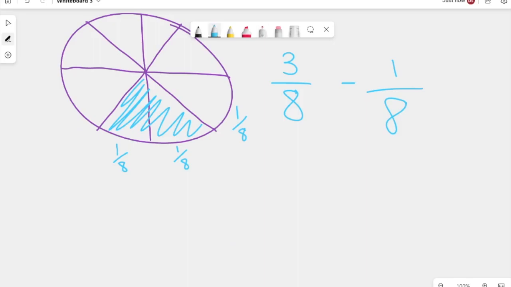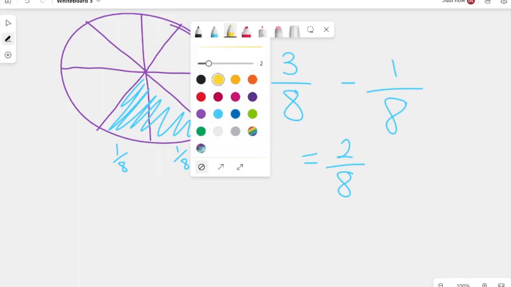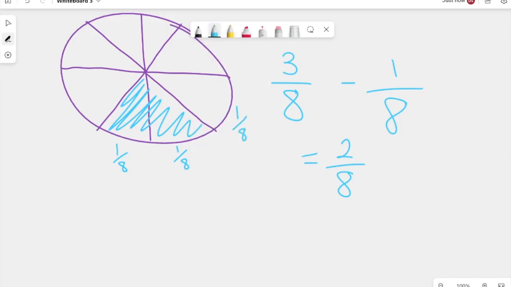So essentially, I'm left with 2/8, which, we know mathematically, simplifies to the equivalent fraction. 2 can go into the top and bottom. So we can divide both top and bottom by 2, and this gives me a quarter remaining.